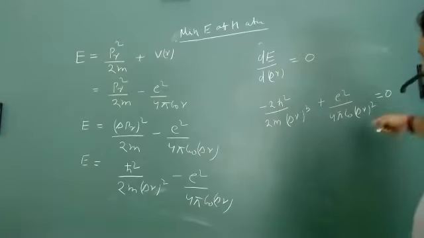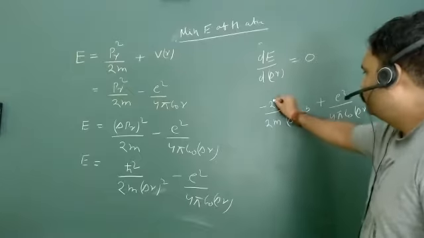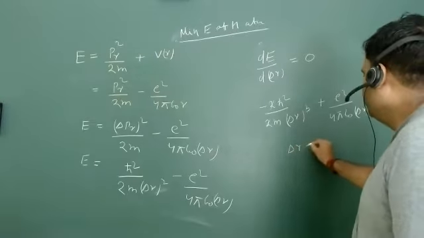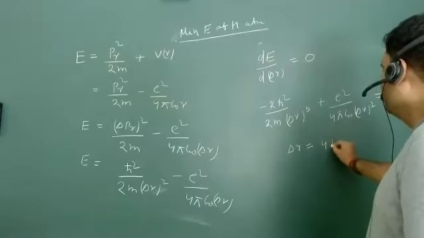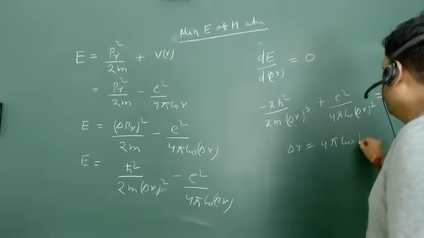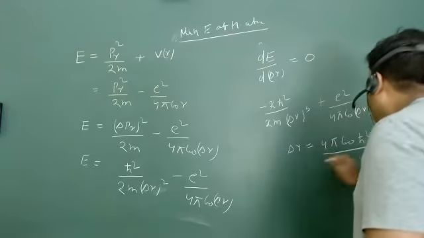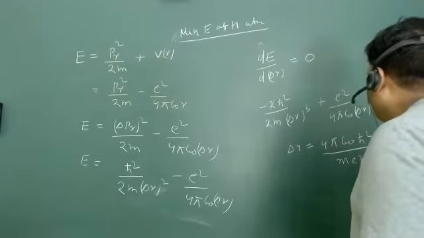And from here you can get the value of delta R. Delta R is 4 pi epsilon naught H cut square upon m E square.